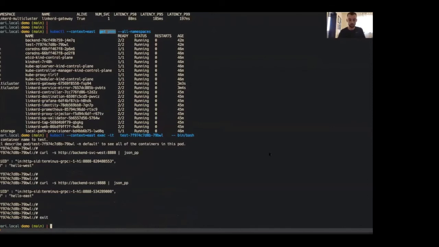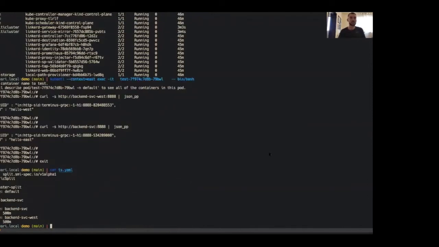Now, the interesting part is that we can actually traffic split between these two services, between these two clusters, right? So we have this traffic split resource here that specifies two leaf services, and the traffic will be equally split between these two.